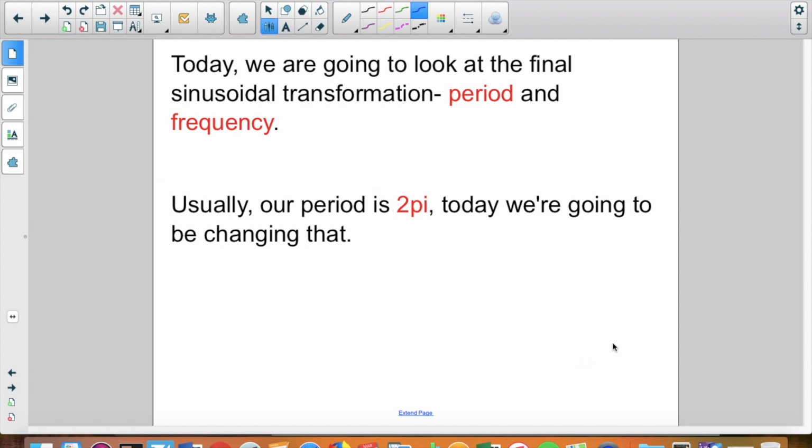Okay, today we're going to be looking at period and frequency. It's the final sinusoidal, however you pronounce that, transformation. So usually our period is 2 pi, but today that is going to be changing.